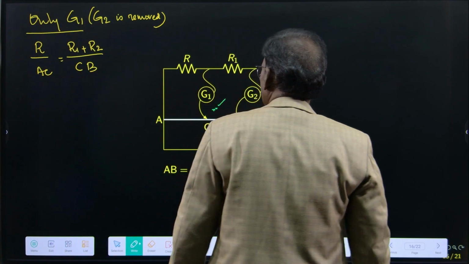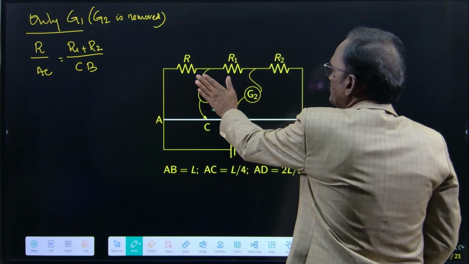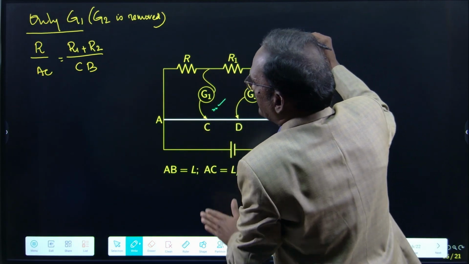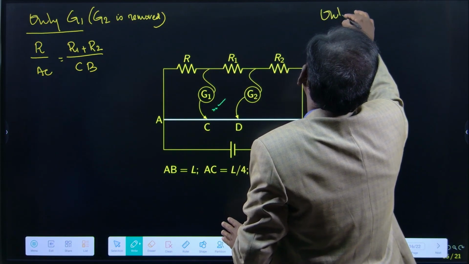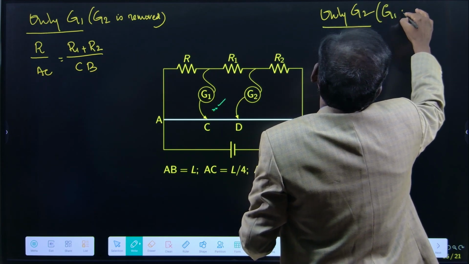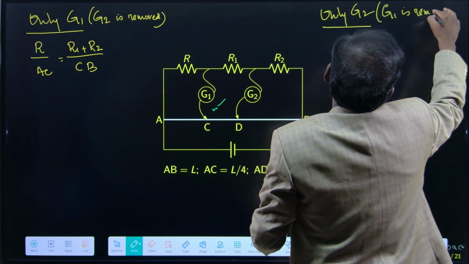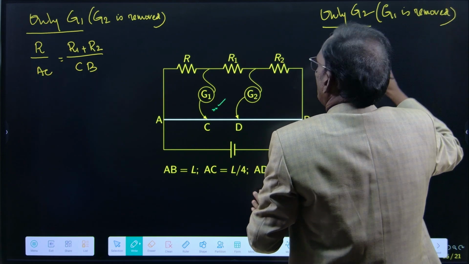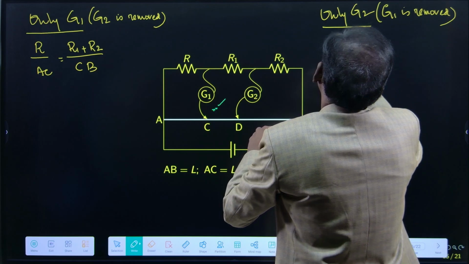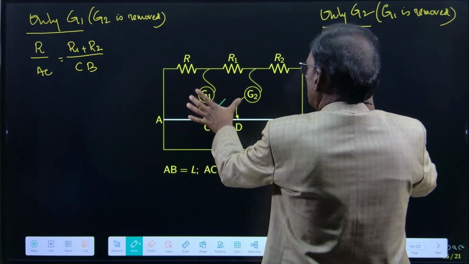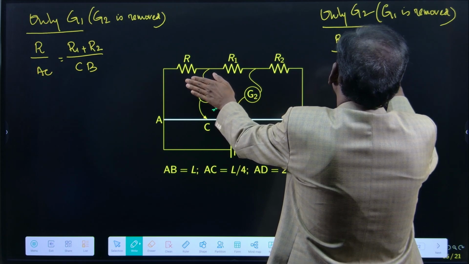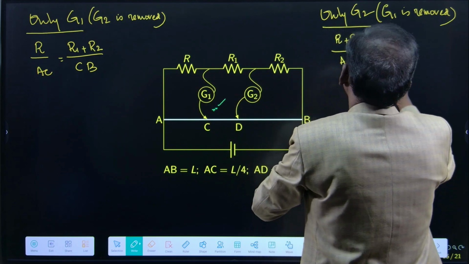Then second case, G1 is removed, only G2. So R and R1 are coming in series. R plus R1 divided by AD is equal to R2 divided by DB.